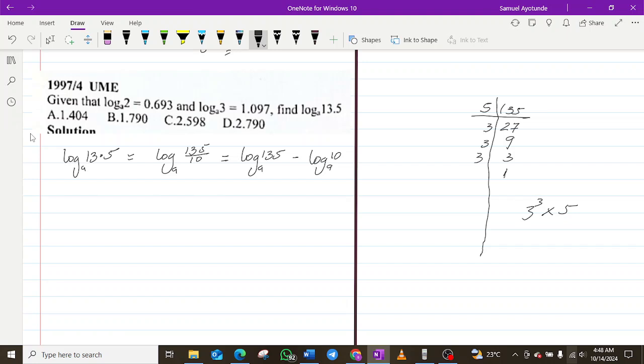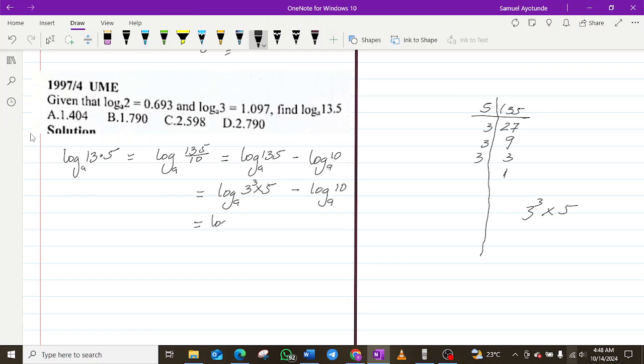So we change that. So we have log 3 raised to power 3 times 5 base a minus log 10 base a. So from here, we can apply the first law to 3 raised to power 3 times 5.